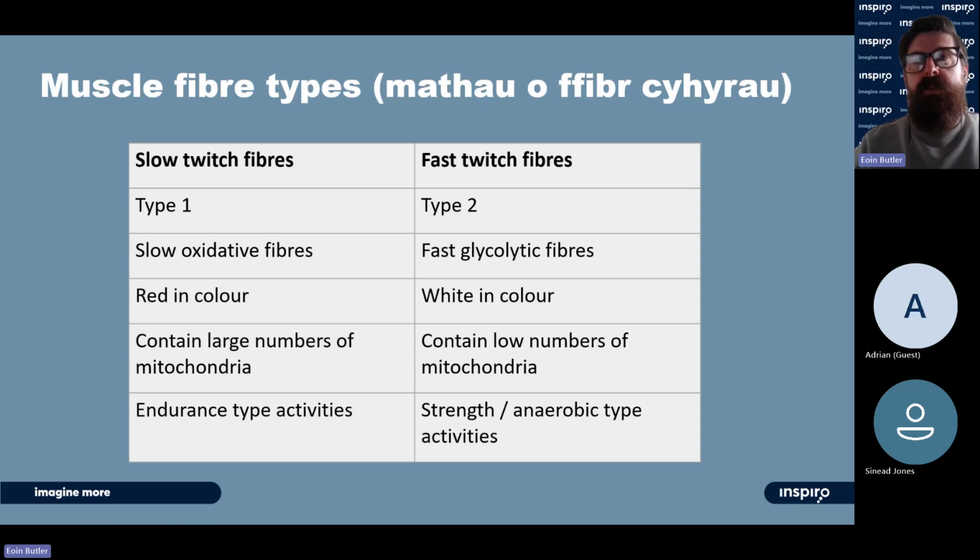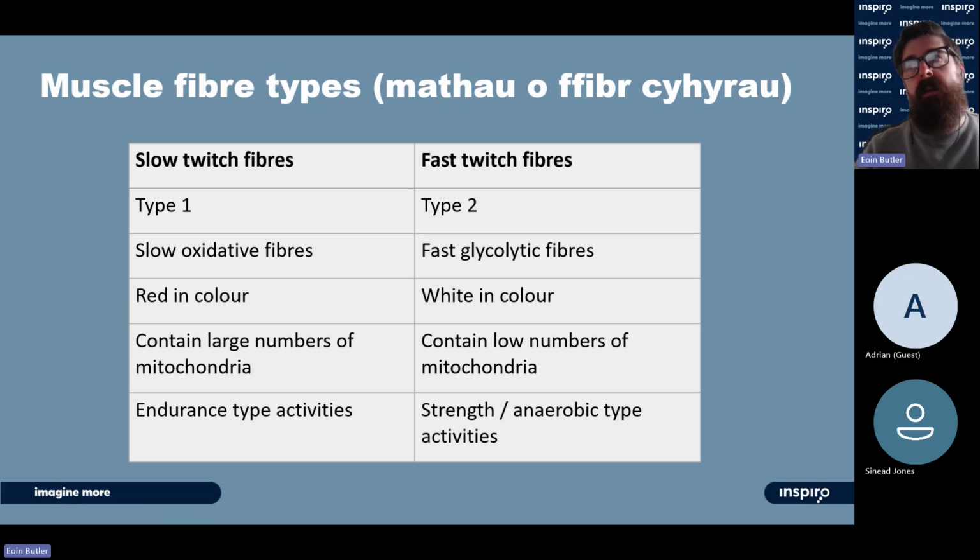They contain large numbers of mitochondria, our powerhouses, so we've got lots and lots of energy supply, water supply and nutrient supply to those muscles. They're used in endurance type activities, so we think about long distance runners, triathletes, basically endurance type events.